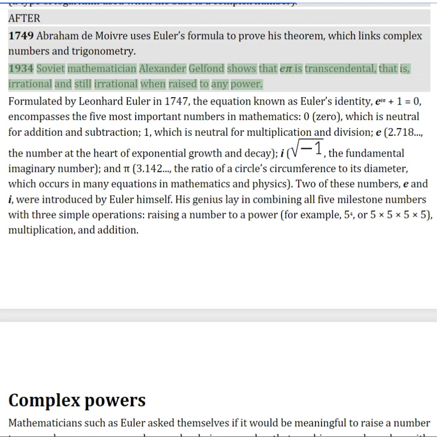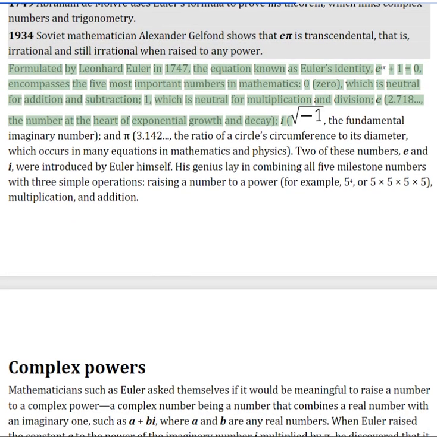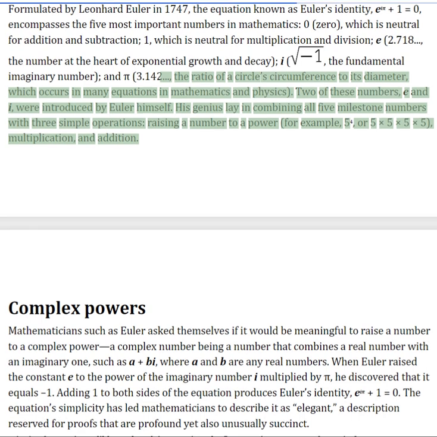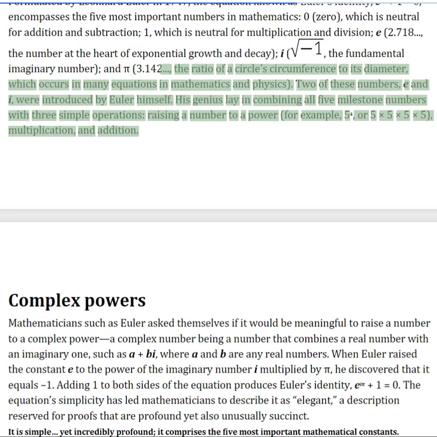Formulated by Leonhard Euler in 1747, the equation known as Euler's identity, e^(iπ) + 1 = 0, encompasses the 5 most important numbers in mathematics: 0, which is neutral for addition and subtraction; 1, which is neutral for multiplication and division; i, the fundamental imaginary number; and pi, 3.142, the ratio of a circle's circumference to its diameter, which occurs in many equations in mathematics and physics. 2 of these numbers, e and i, were introduced by Euler himself.